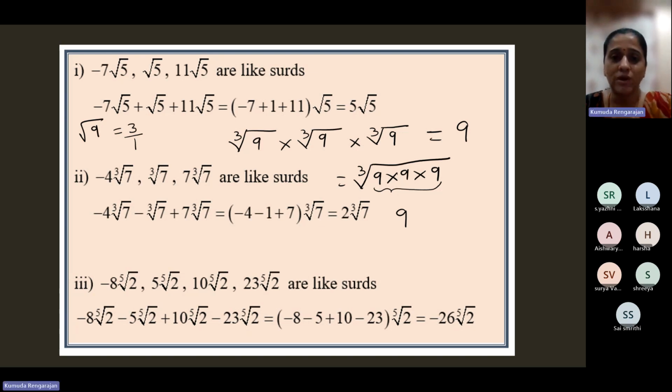And 9 is 9 by 1, integer by integer, a rational number. So the product here is rational. Cube root of 9 is irrational, but when it's multiplied with itself 3 times, the product is rational.